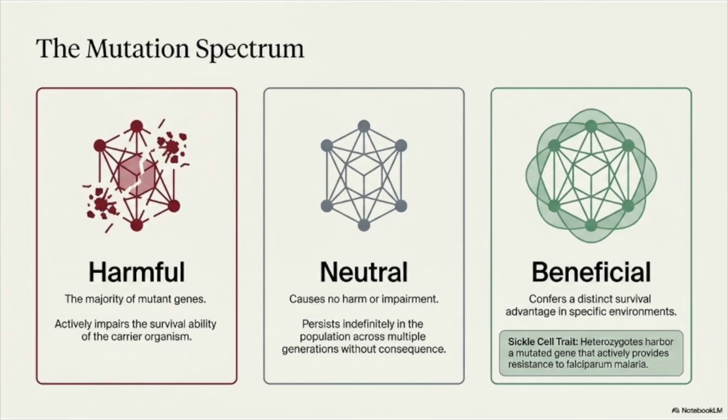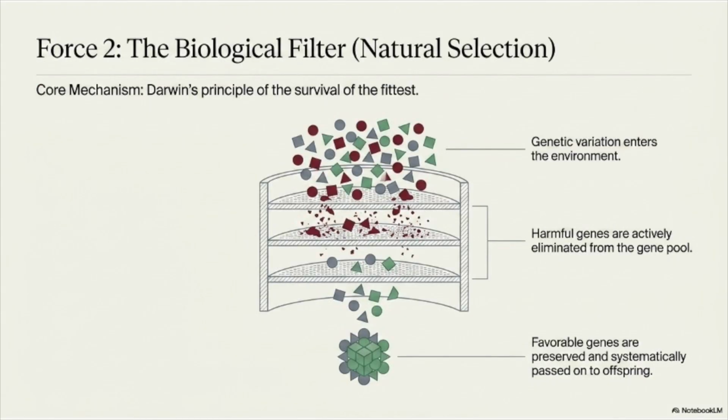And beneficial mutations confer a distinct survival advantage in specific environments. A classic example is the sickle cell trait, where heterozygous individuals harbor a mutated gene that actively provides resistance to falciparum malaria.